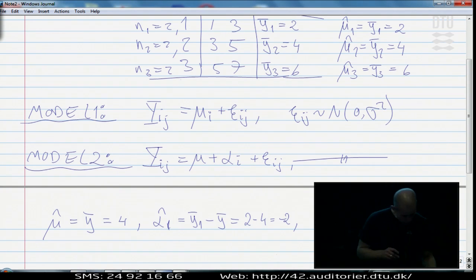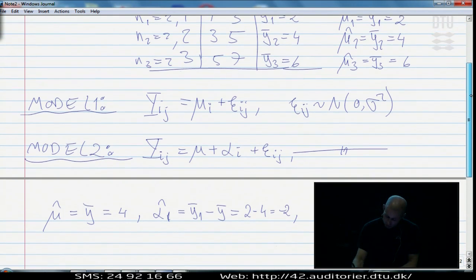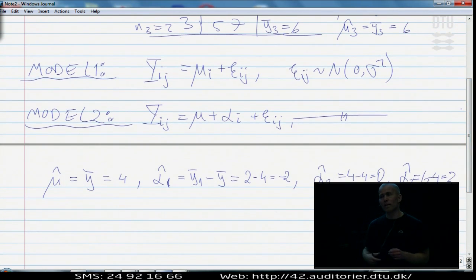So in a way, I would have over-specified or over-parameterized my situation by expressing my model. Actually, I have model 2 given by 4 unknowns, but there are really only 3 pieces of information.